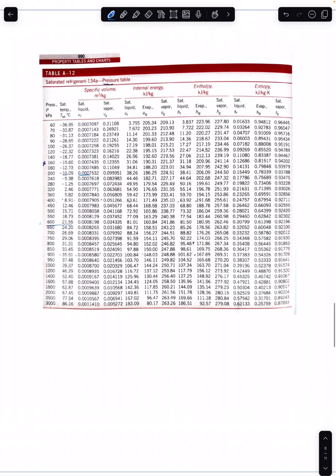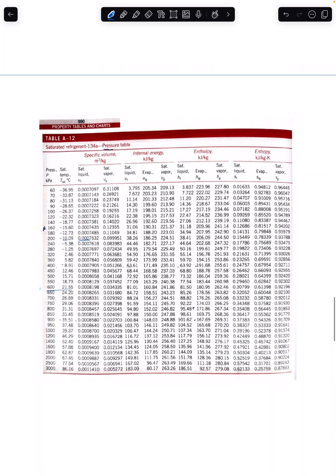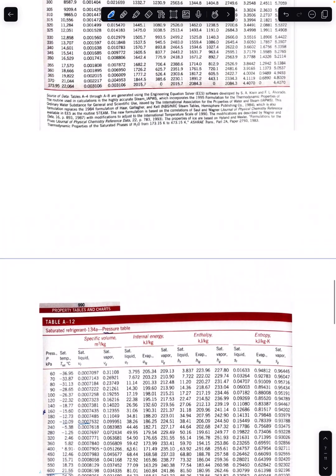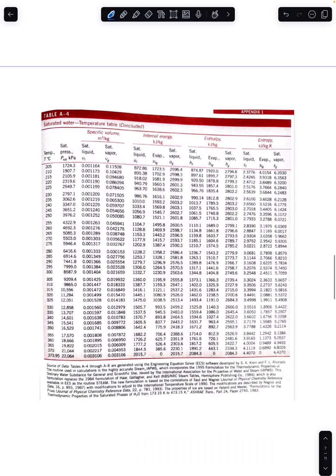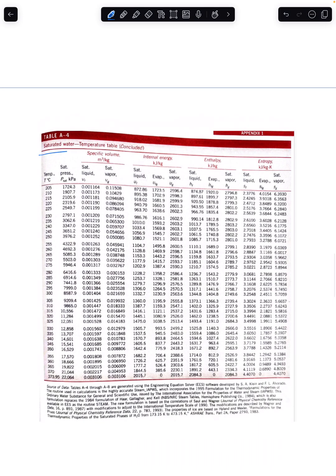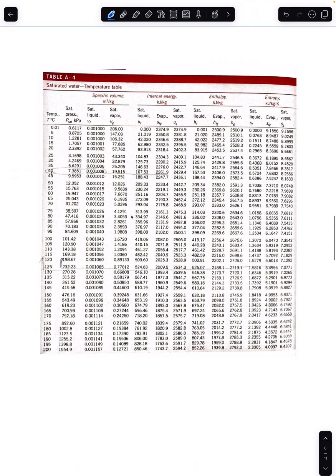So which property table do you think we can look at? Remember, we are looking at saturated water and the temperature should be in degrees Celsius. So saturated water, I can see that this table can be used. Saturated water and the temperature in degrees Celsius.